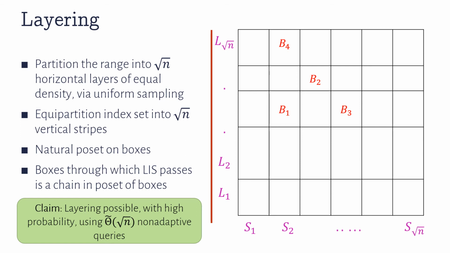B1 is less than or equal to B4. However, B4 isn't comparable to B2, and B2 isn't comparable to B3, and B4 isn't comparable to B3. You get the picture, right? And the set of boxes through which the LIS passes is a chain in this poset of boxes. This should be clear.